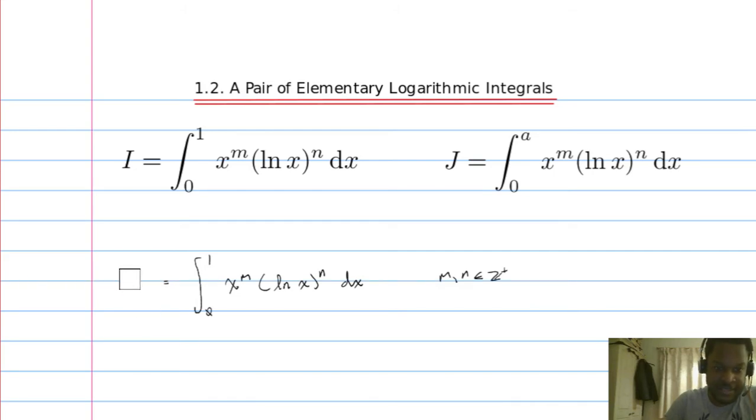So in that case, it makes sense to rename this integral I m comma n. So this integral is indexed by the two integers m and n. So really it's an infinite number of integrals all at the same time.